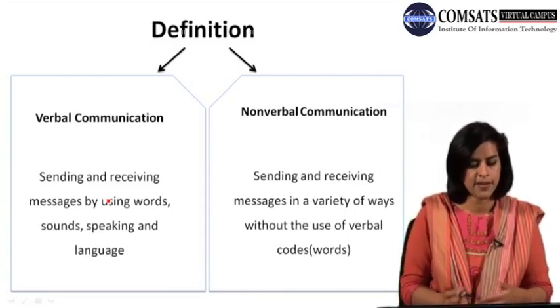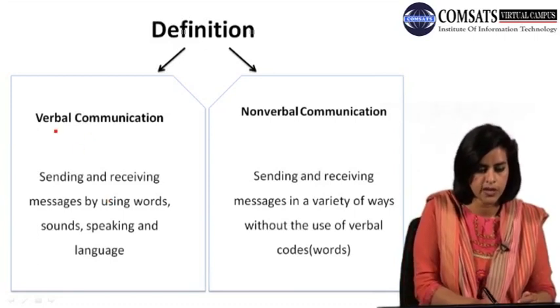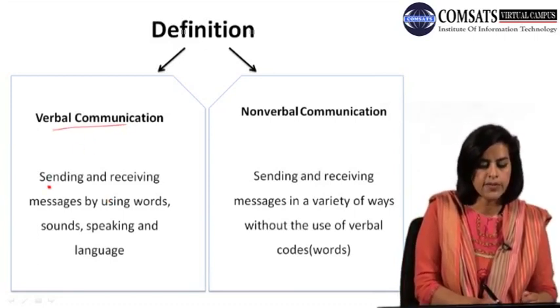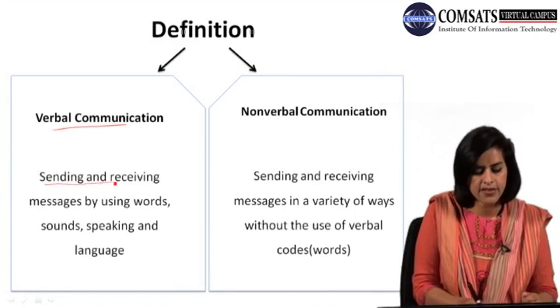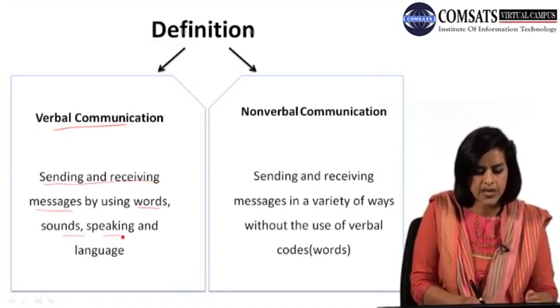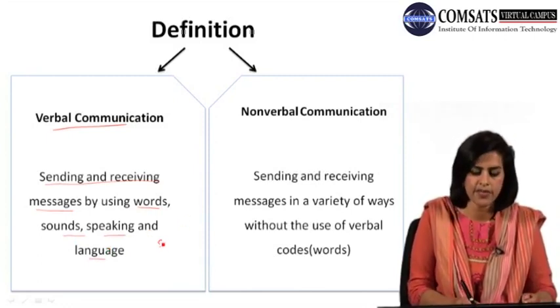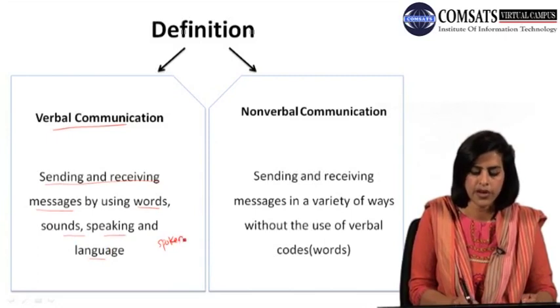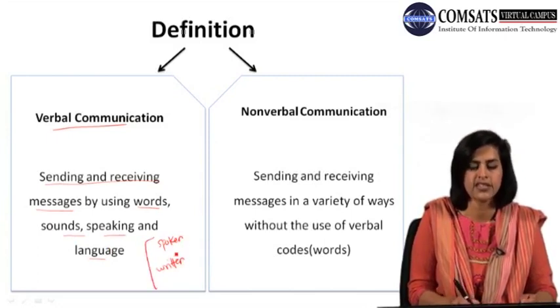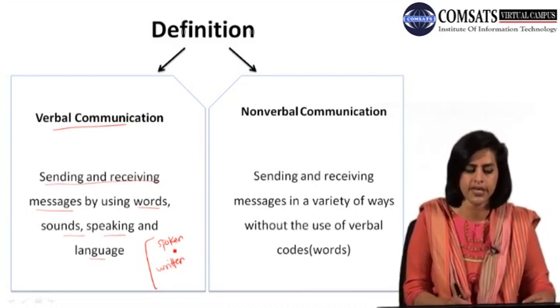Let's read out the definition of verbal communication. Verbal communication is basically sending and receiving messages by using words, sounds, speaking and language. As I said, verbal communication can be spoken or written, so we have categorized it into 2 categories.